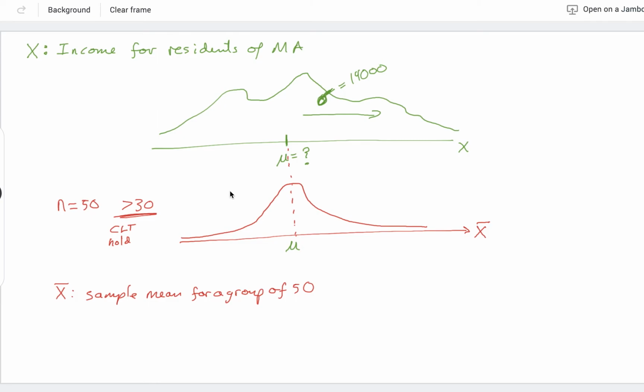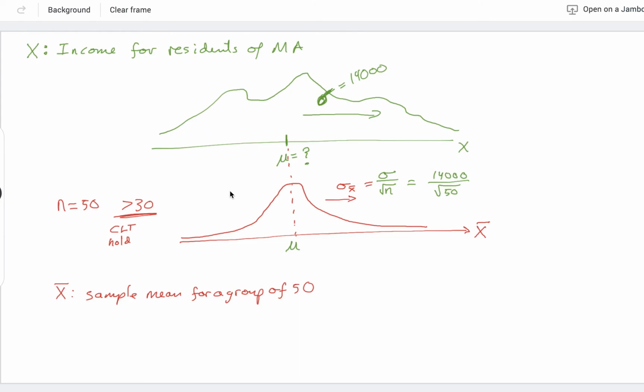Now, this is particularly helpful because the amount of variation that we end up seeing in X bar through the central limit theorem ends up being computed from that population level standard deviation. In our case, we'll take our original population standard deviation of 14,000 and divide it by the square root of our sample size, which is the square root of 50.